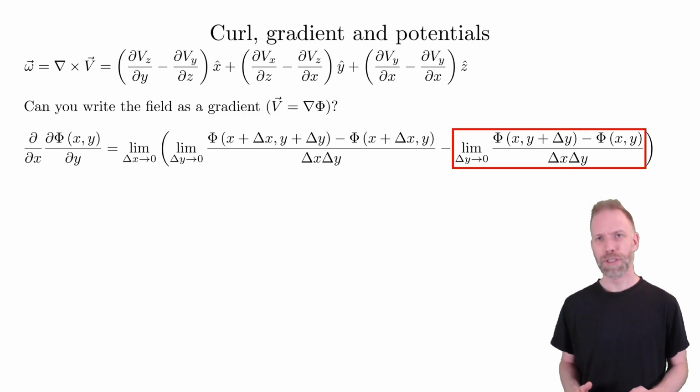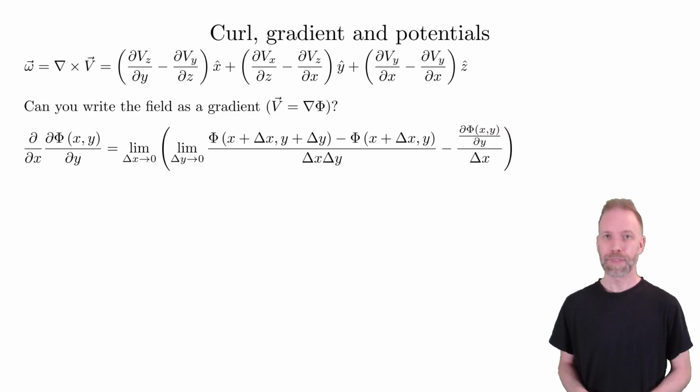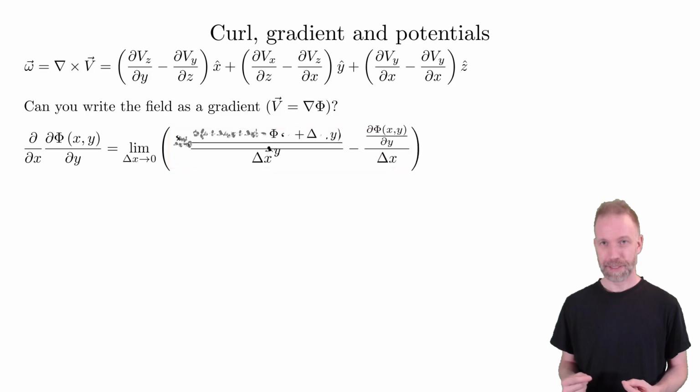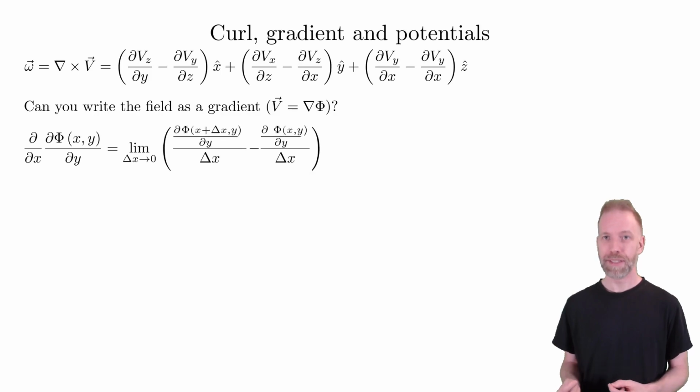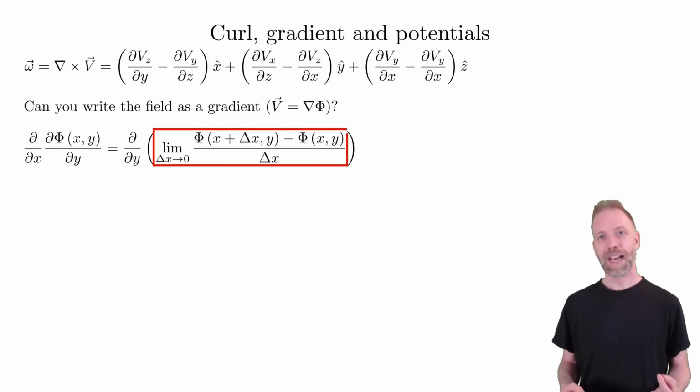Note that this is the partial derivative with respect to y. And this is also the partial derivative with respect to y, but at position x plus delta x. Move the partial derivative outside the parenthesis and place the limit inside. Finally, identify these as the partial derivative with respect to x.